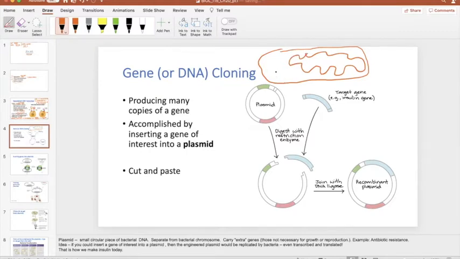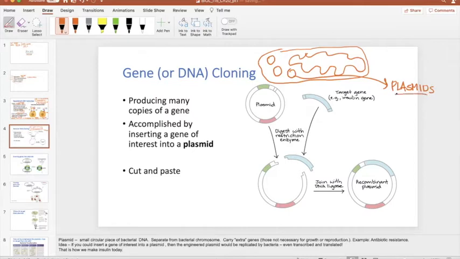But you might remember from early studies in this course that sometimes bacteria have additional genetic material. They're little bitty circular pieces of double-stranded DNA that are called plasmids, okay? So these plasmids exist in the bacteria in addition to the main chromosome.